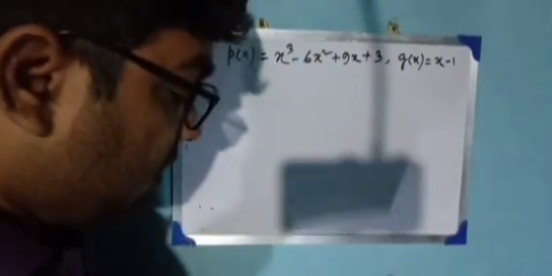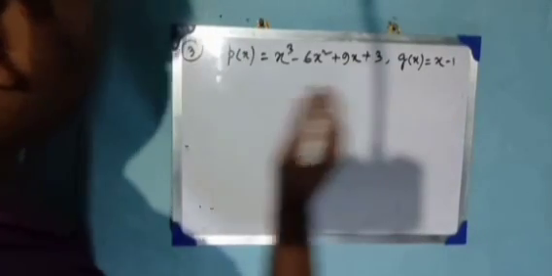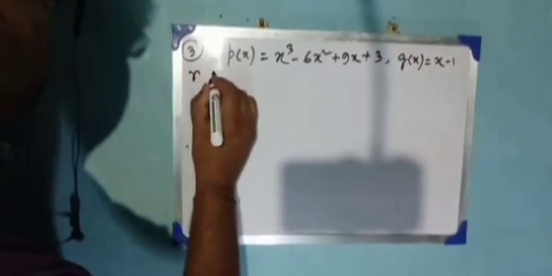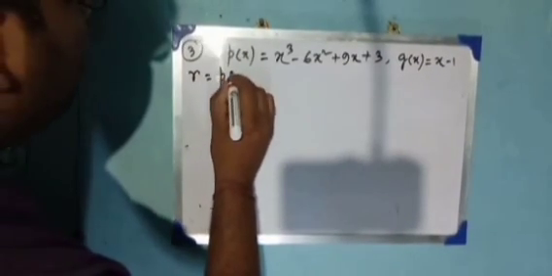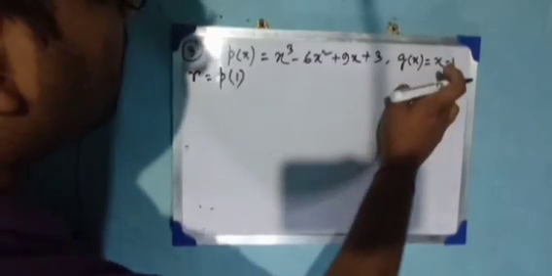We have to find the remainder. So p(x) equals this and g(x) equals x minus 1. So my remainder should be p(1). Okay.